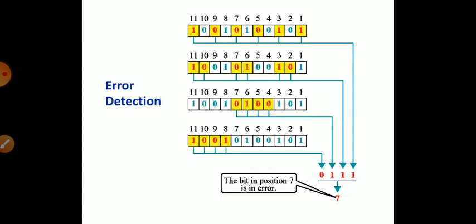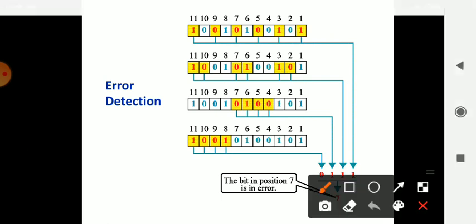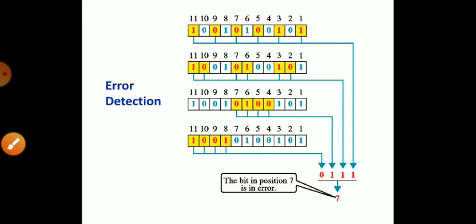So 0, 1, 2, 3, 4, like that you check, and in that particular place it will change the 0 to 1. Okay, this is your 7th place. This 7th place will be changed from 0 to 1. Okay, so like that it is checked, and it transfers the information and checks the error in the information. This is called Hamming code checking.